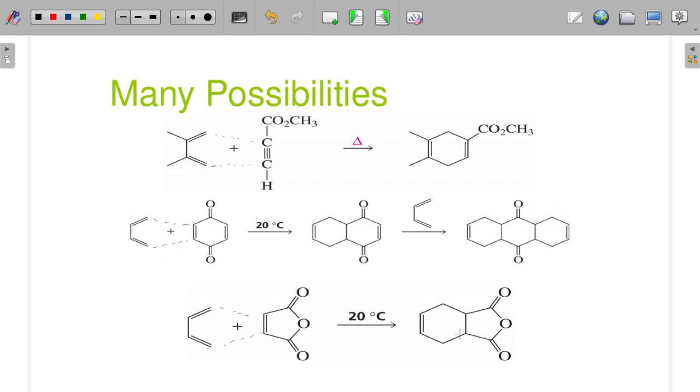We always make a nice little 6-member ring. If I were to number this 1, 2, 3, and 4, there is always going to be a new double bond between 2 and 3, and then a new pair of sigma bonds going from 1 and 4 towards that new molecule, where the other molecule was.